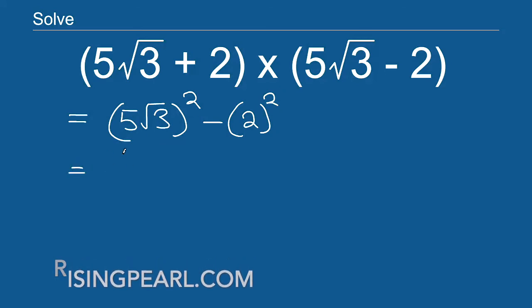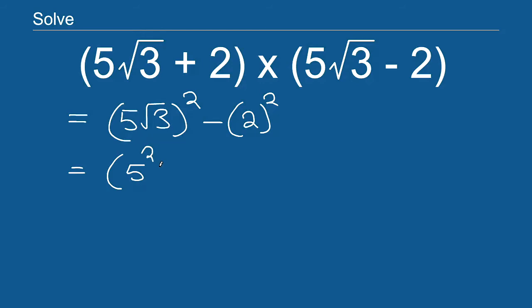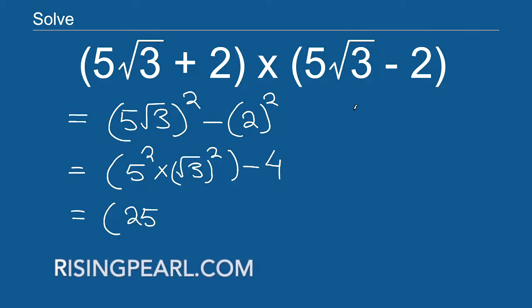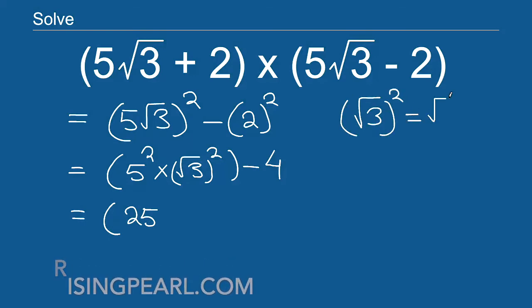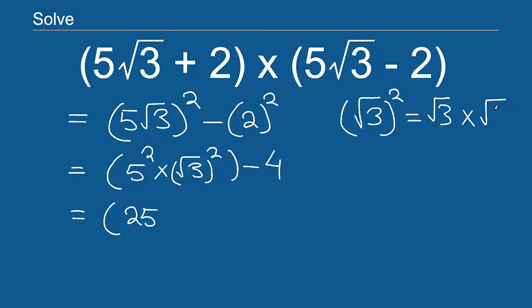This will be 5 squared times square root 3 squared, and I should have probably used a curly bracket, braces, or a square bracket, minus 2 squared, which is simply 4. 5 squared is 25, 5 times 5 is 25. And what is square root 3 whole squared? It simply means square root 3 times square root 3, which we know is simply 3.